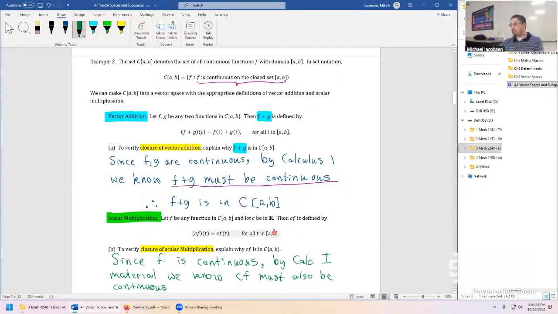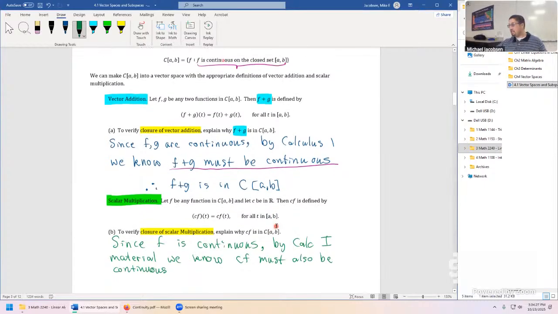It's continuous on the same closed set from A to B. And that tells us automatically, therefore, CF, that's just the symbol for one additional new function, is in CAB.